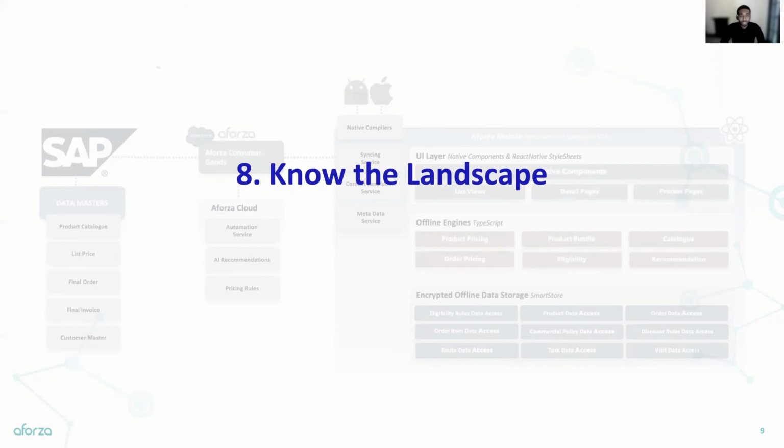So understanding where data needs to be mastered right up front, understanding the data residency requirements across that landscape as well is going to be quite important, especially when it comes to pricing and promotions. Understanding where things need to be configured, where they need to be mastered, who has access to them, when and where and why, is going to help things run a lot more smoothly down the line.